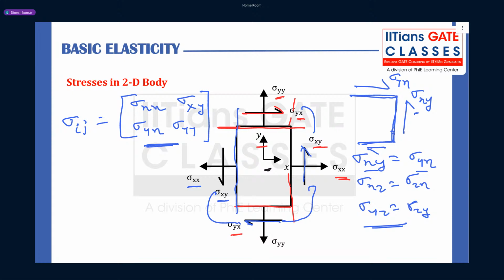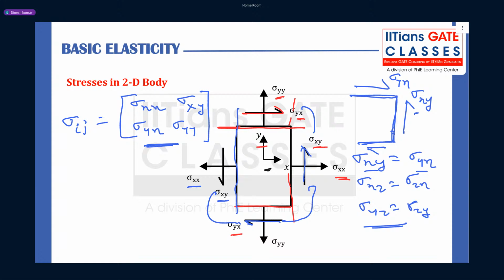Now guys, tell me, once you know sigma xy equals sigma yx, how many independent stresses are there in this 2D stress system? Total four, but out of four, three are independent.